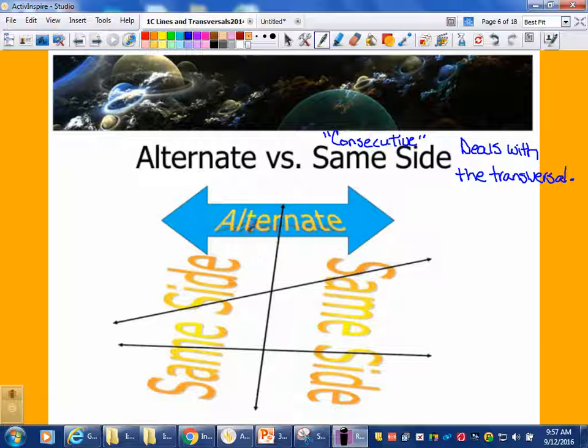So like on this diagram right here, alternate means opposite sides of the transversal. And consecutive means same side of the transversal, but on different lines.